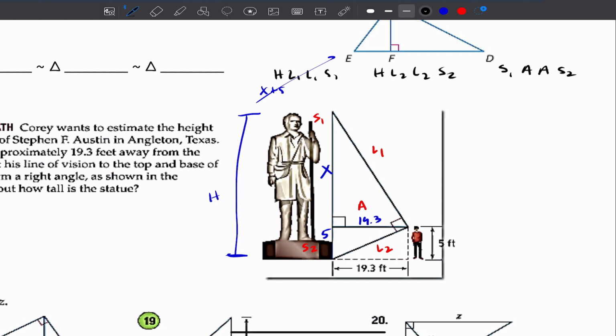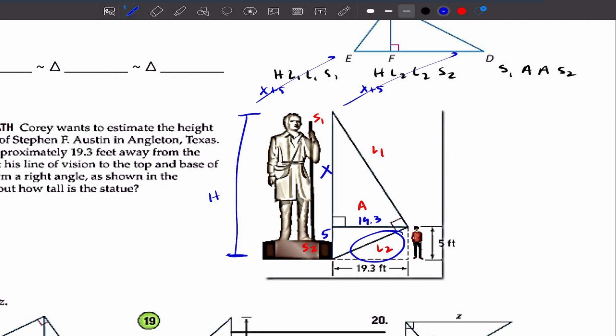And then the hypotenuse, that's again x plus 5. And then leg 2, do we know what leg 2 is? No, we don't. There's nothing here, and we don't even need to know what leg 2 is anyway, so we don't need that at all.